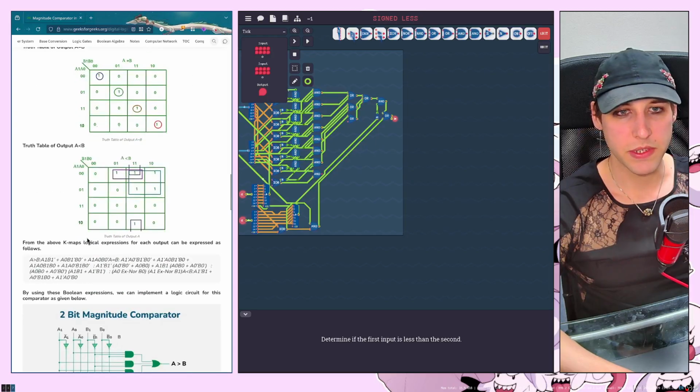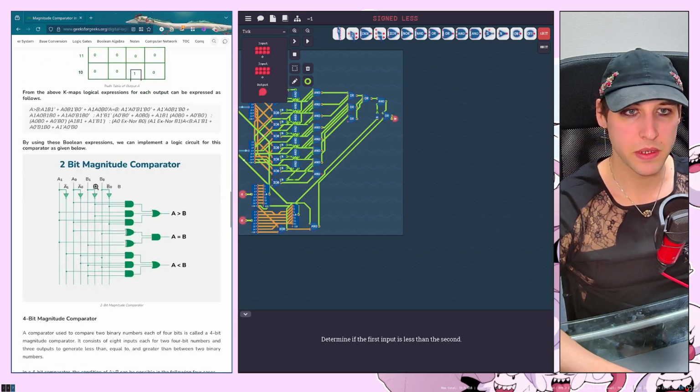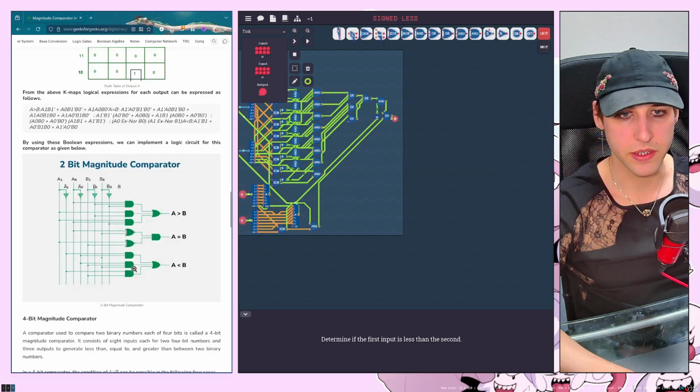Not only this website, if you know how the component is called, you can look up a schematic sometimes. 2-bit magnitude comparator. It actually gives the solutions for equality, greater and less.